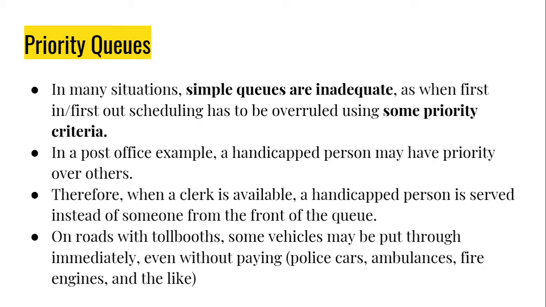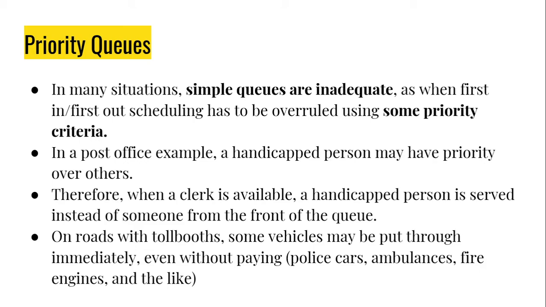That means the elements inserted in the queue will be tagged with a priority. So there will be additional information about each element: what it is, and what its priority is.